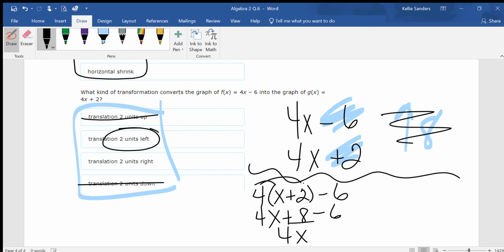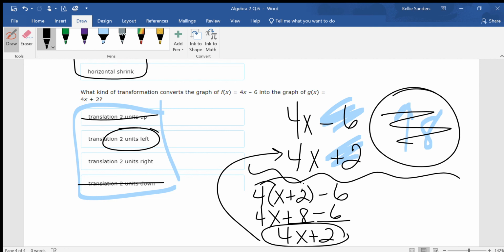Oh, look, 8 minus 6 is 2. I ended up with what they said I should end up with, so it was a 2 to the left. I can't lie to you, I don't know of any other way that I could have done that, except just knowing that it was 8 up. But 8 up is the same thing in this example as going to the left.